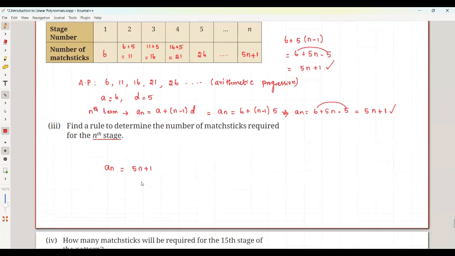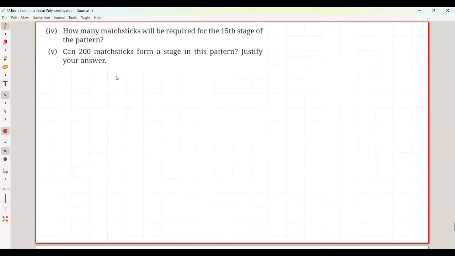Now, based on this, they ask a few questions. How many matchsticks will be required for the 15th stage? The 15th stage means n is equal to 15. The formula we got is an is equal to 5n plus 1.